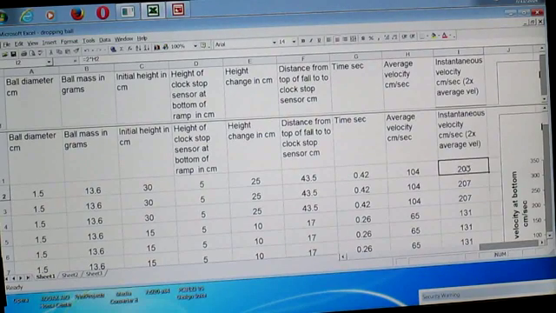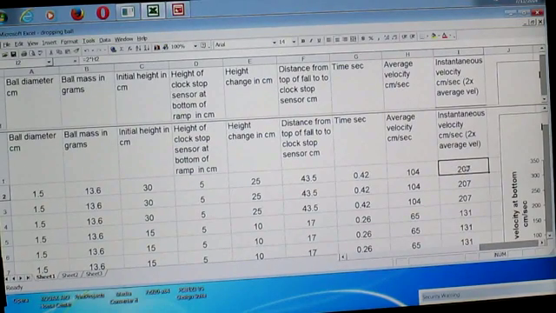This is the instantaneous velocity, or basically it's the speed the ball was going at the bottom of the ramp. I'm not going to prove this, but it is true that in this case, where we're starting the ball from zero and we're uniformly accelerating it in a gravitational field or in any other field, the instantaneous velocity at the end of the travel will be twice the average.